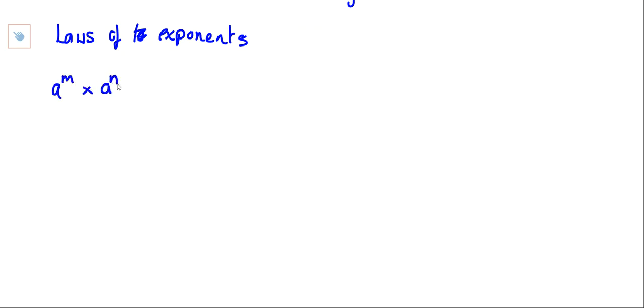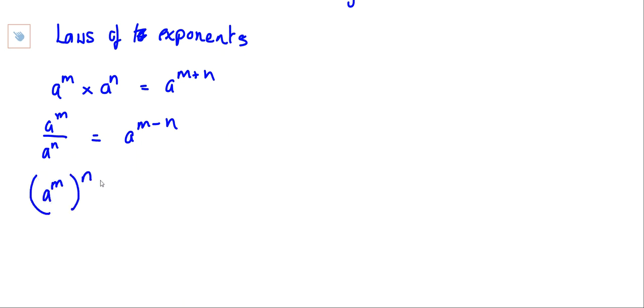Before we talk about it, I just want you to remind me, please, of the laws of exponents. So, if I've got a to the power of m times a to the power of n, we have a to the power of m plus n. Minus n, okay. a to the power of m times n.